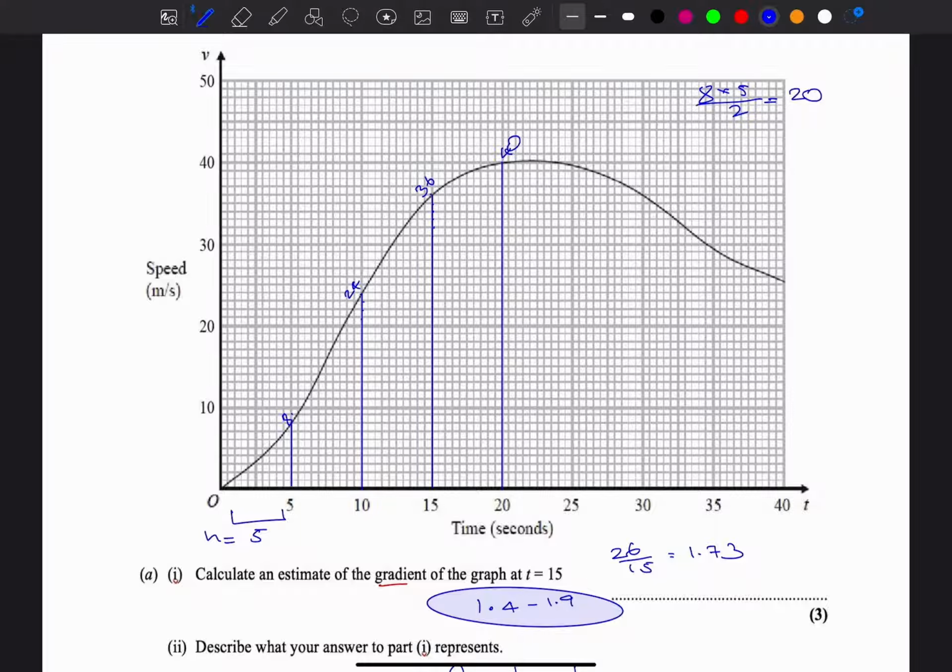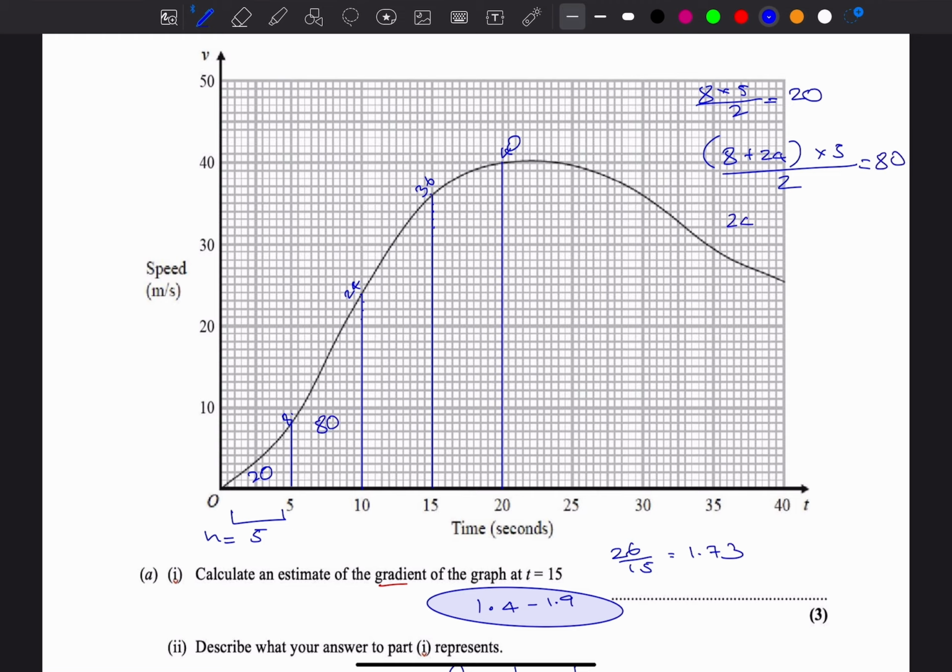The second one is a trapezium, so 8 add 24 times it by the height. The height is 5 divided by 2, which is 80. So that area is 80, correct.